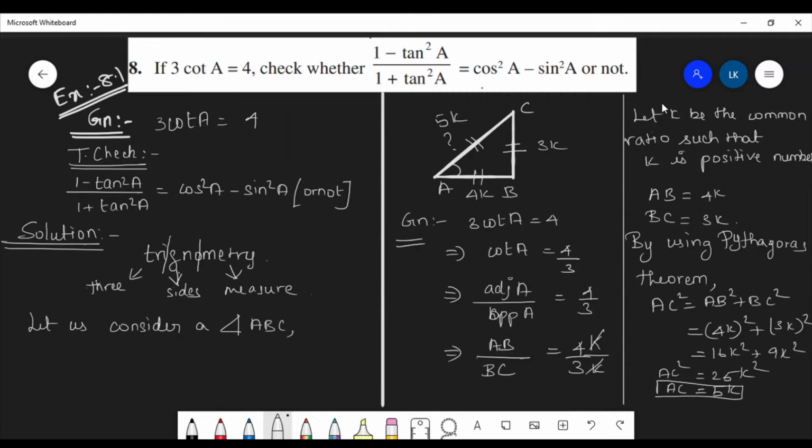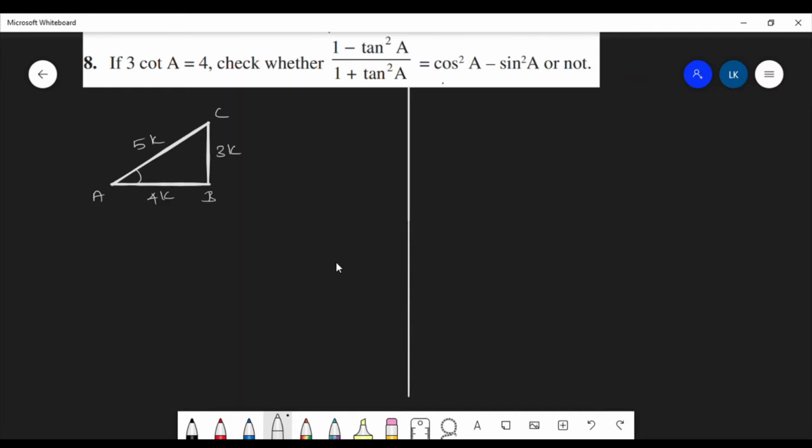Okay, three sides of the triangle we have found, and now let us solve this problem. Cot A we know as 4 by 3. AB is 4k, BC is 3k and AC is 5k, and we have to check whether 1 minus tan square A by 1 plus tan square A is equal to cos square A minus sin square A or not.